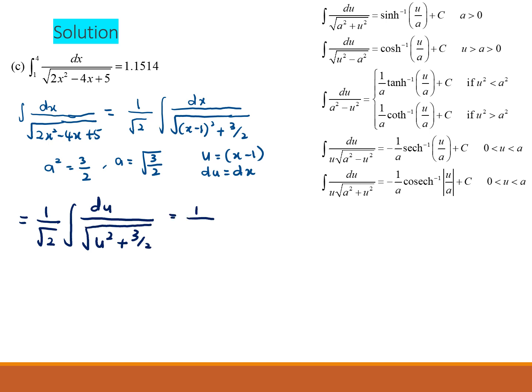So the integration of this results, using the first formula, in inverse sine hyperbolic of u over a, where a is equal to square root of 3 over 2, plus c.